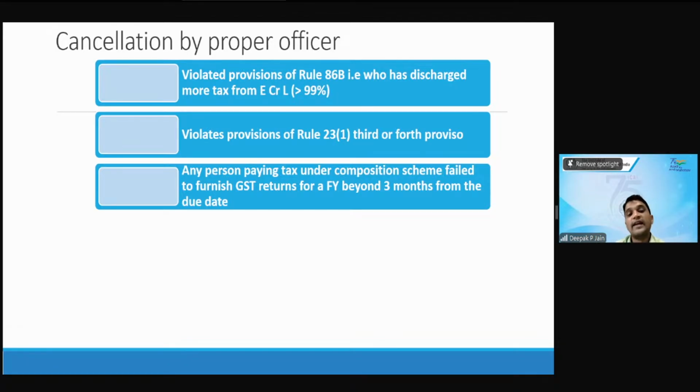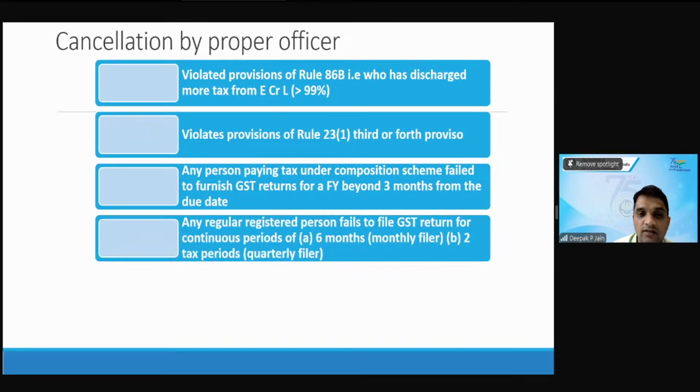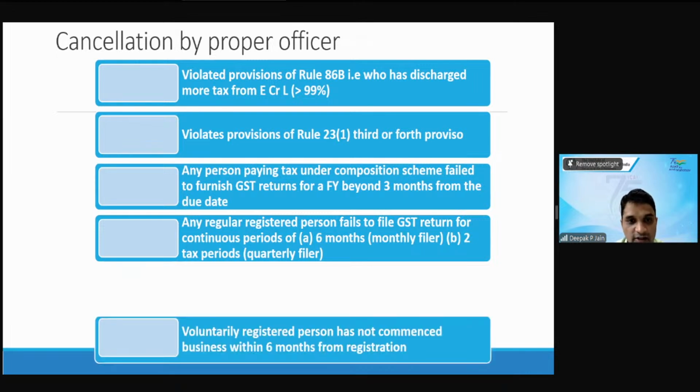So, if you're filing GSTR returns for a financial year beyond 3 months, even then you're liable for cancellation. And if you're a regular taxpayer and you've not filed the return for 6 months, if you're a monthly taxpayer, or 2 quarters, if you're a quarterly filer. Matlab, 2 quarters would mean 6 months period. So either direct 6 months or 2 quarters if you're not filing, then also you are liable for cancellation.